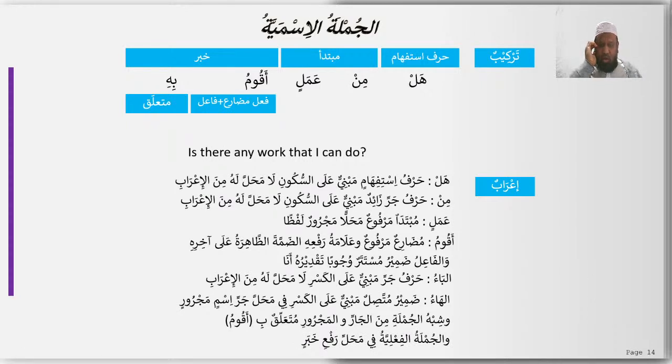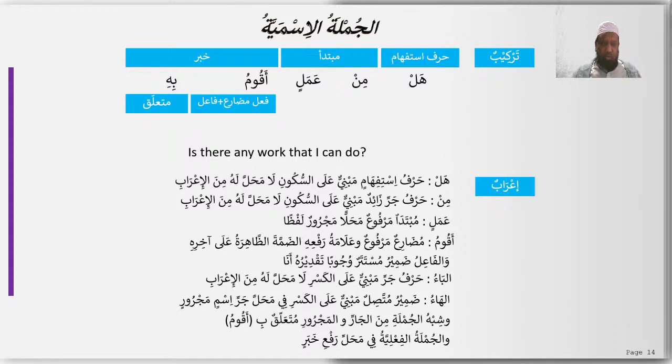أقوم فعل مضارع مرفوع وعلامة رفعه ضمة ظاهرة على آخره والفاعل ضمير مستتر وجوبا تقديره أنا. الباء حرف جر مبني على الكسر لا محل له من الإعراب. الهاء ضمير متصل مبني على الكسر في محل جر اسم مجرور.